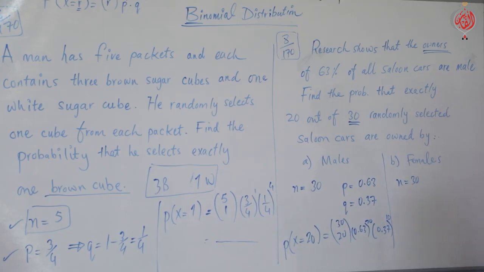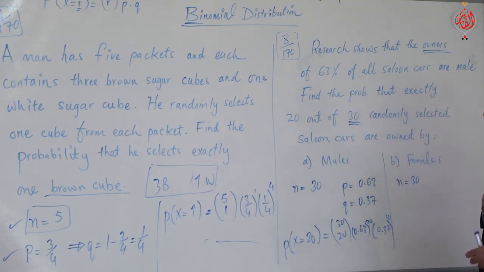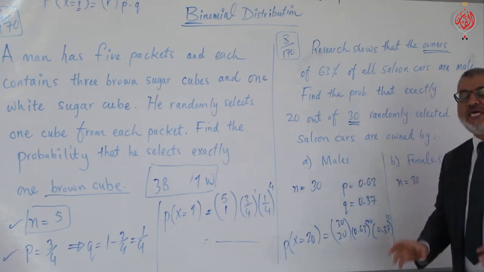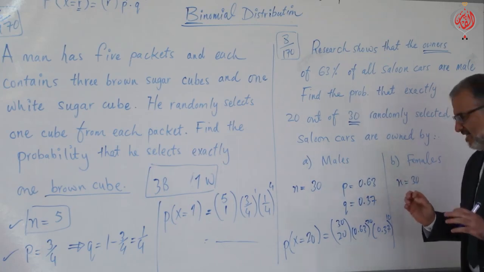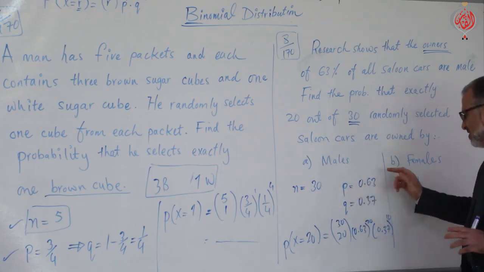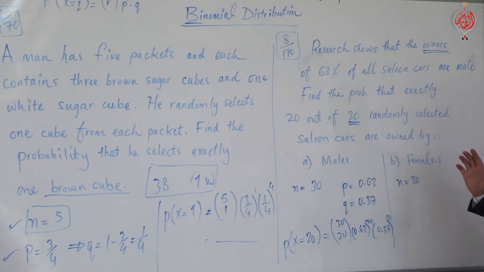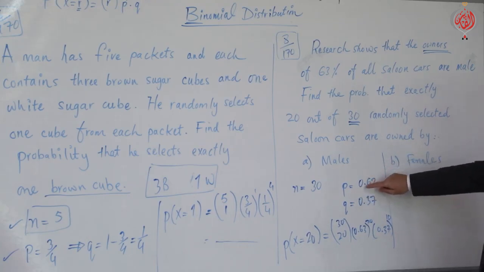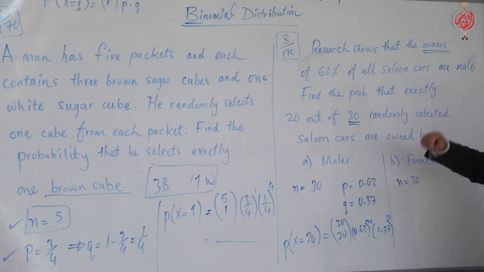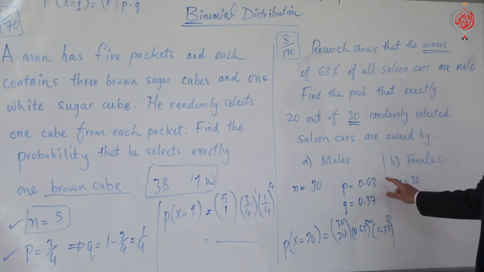There are different techniques you can use to solve this question. If you want to continue to deal with the same P as in A, you have to be careful about this point. Here P is the probability that the selected salon car is owned by a male, 0.63.